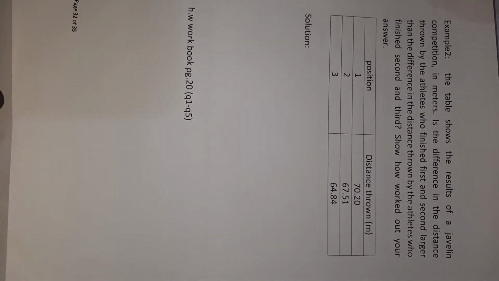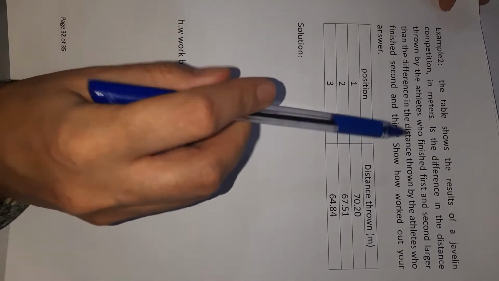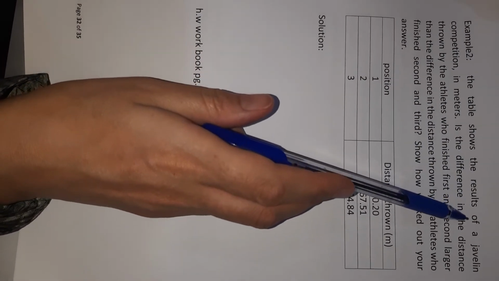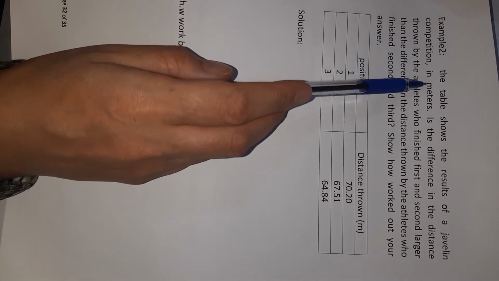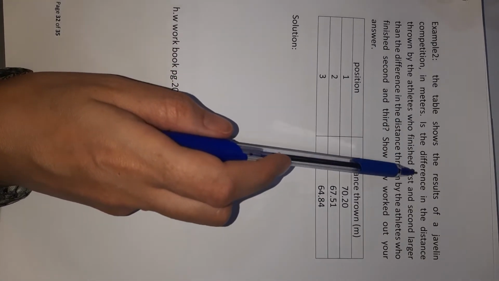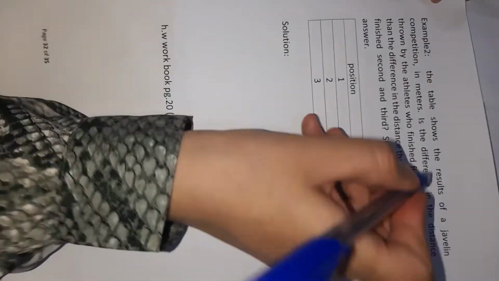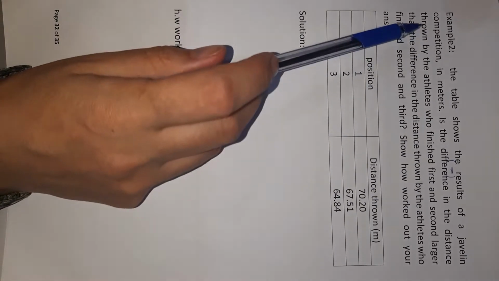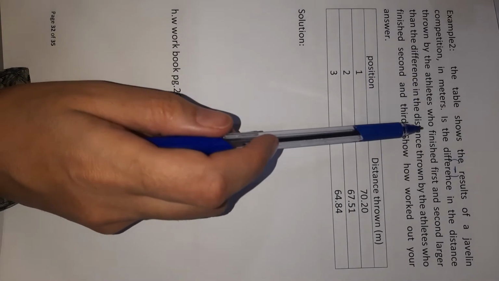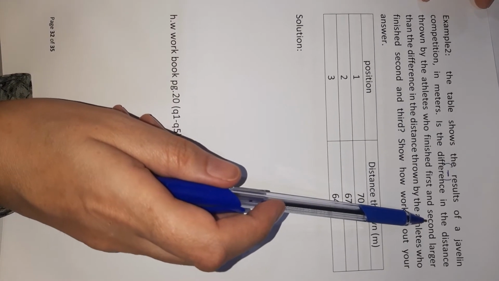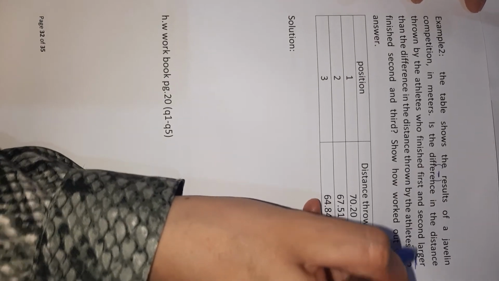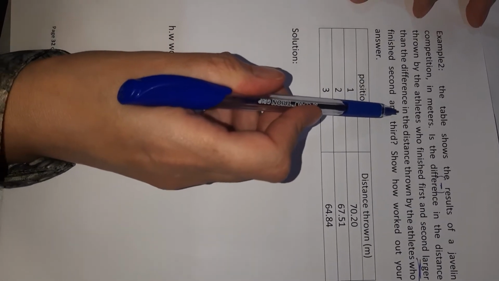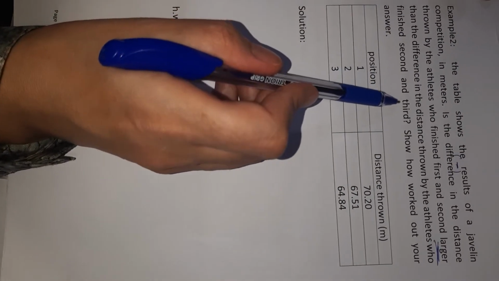Let's take another example. The table shows the results of a javelin competition in meters. The difference means minus. You have to subtract. Is the difference in the distance thrown by athletes who finished first and second larger or smaller than the difference in the distance thrown by the athletes who finished second and third?